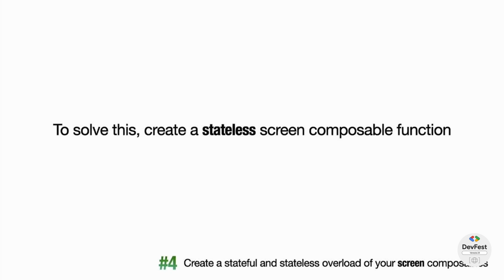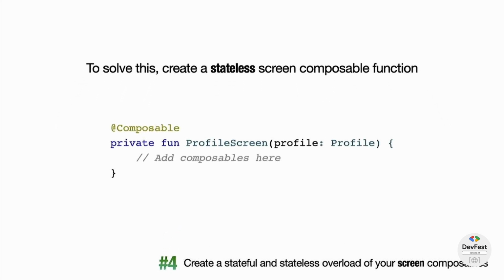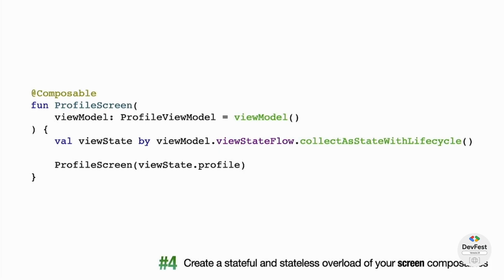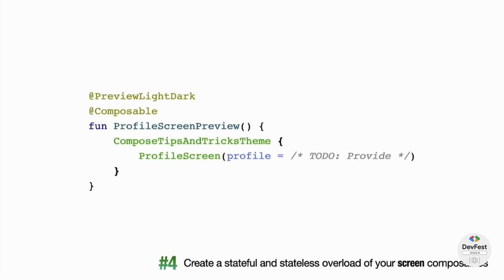So to solve this, create a stateless screen composable function. Essentially, you create the stateless one, which will take the data instead of the view model, and then in your stateful one, you can collect the flow and just pass it to your stateless one, right? And now you can just preview your screen composable and pass the data you need.